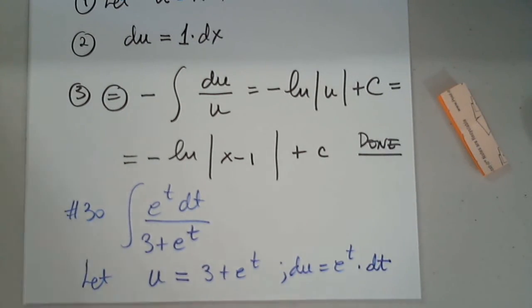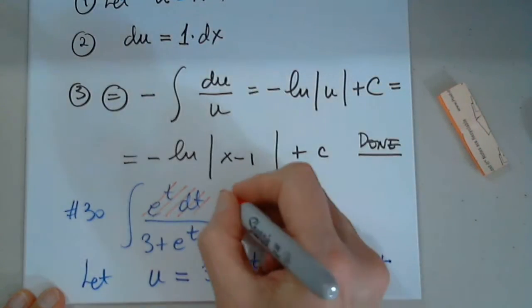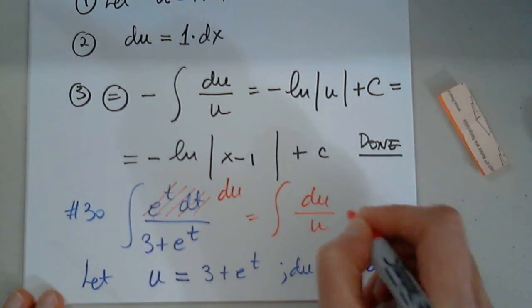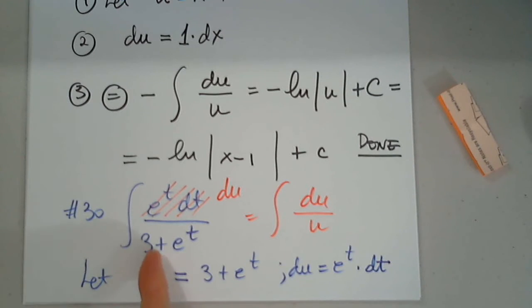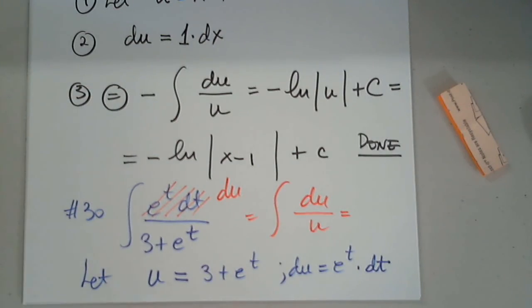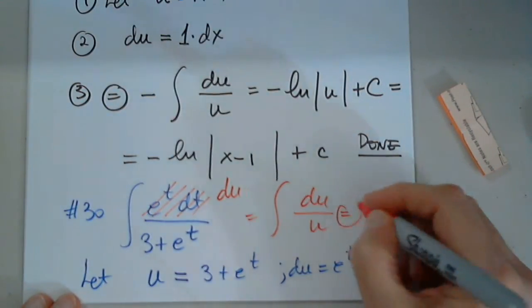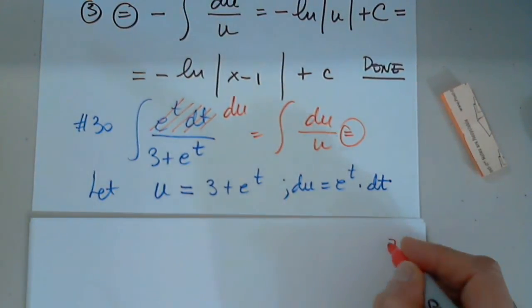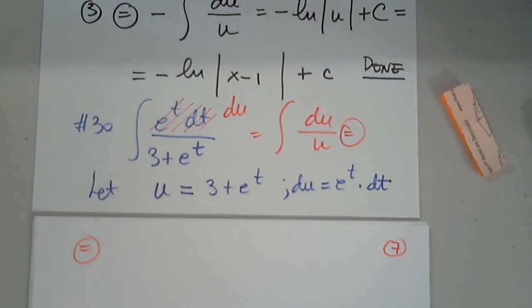Look at this. Is du. So the integral du over u. This is our u and this is our du. Nice. We're back to the previous example. I'm going to move on to the next page. So how would you write the final answer?